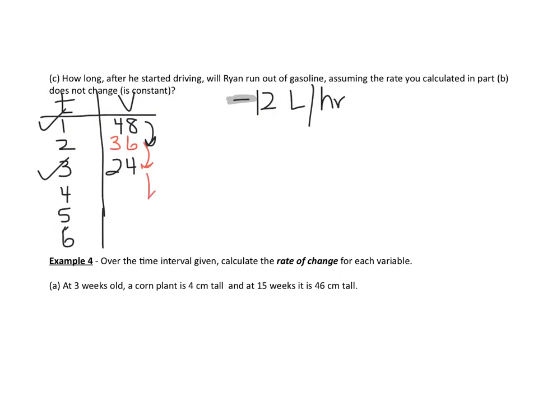Then we're just going to keep that pattern going by subtracting 12, because we want to figure out how long it is going to take for Ryan to run out of gasoline. So we want to get the volume of the tank down to 0 or as close to 0 as possible. If I continue subtracting, 24 minus 12 gives me 12 liters at the 4-hour mark. And then if I subtract 12 again, 12 minus 12, oh, it's 0. So at the 5-hour mark, Ryan will have run out of gasoline.